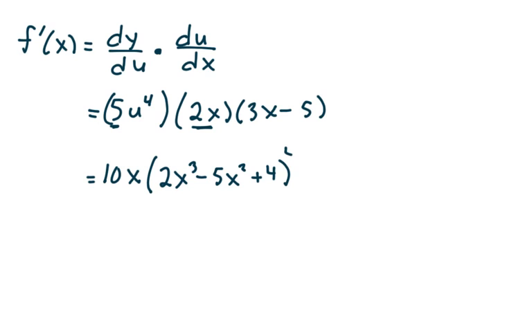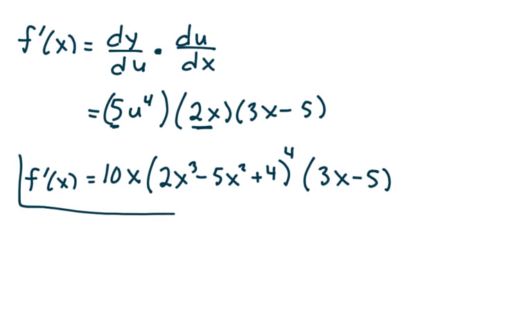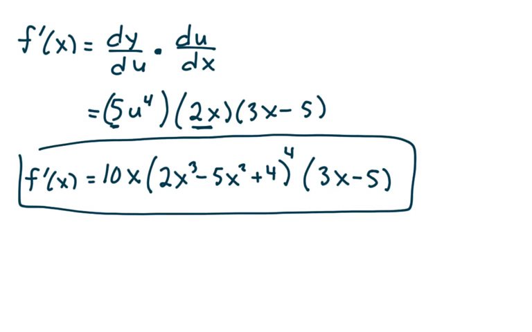And then we're going to raise that to the 4th power and then multiply by 3x minus 5. And so we're going to call this f prime of x. And that's the answer to problem 7.